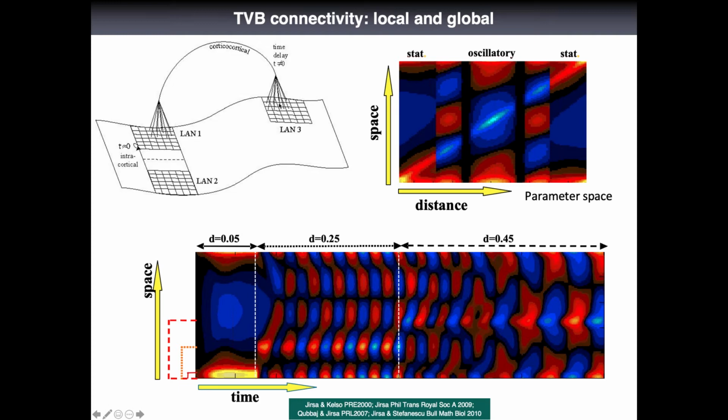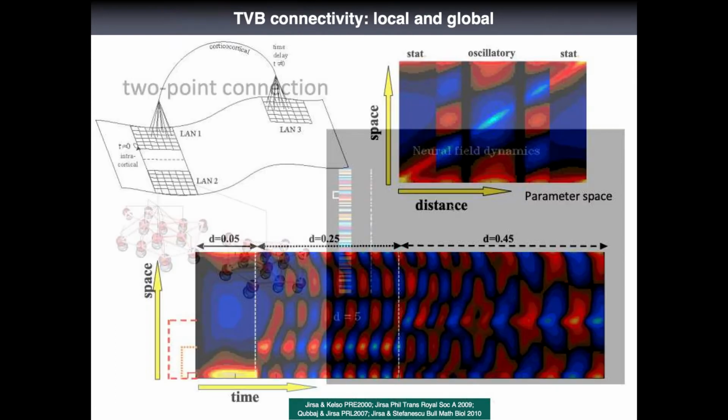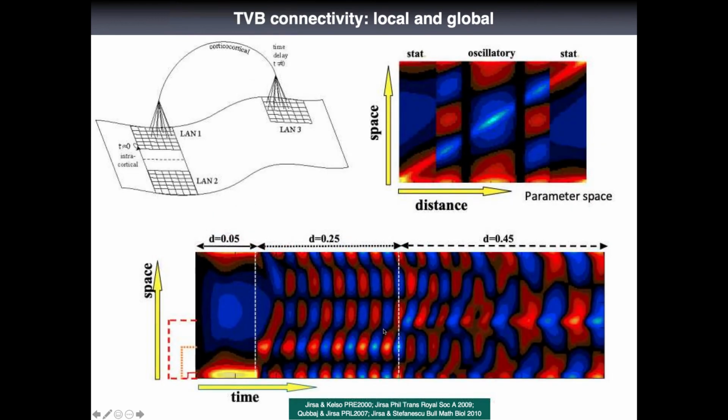And you will see how changing the distance of this connectivity, and therefore changing the time delay, actually changes the oscillatory patterns we get along this space. So we get different oscillations for a small distance, different ones for a larger distance, and even more different ones for an even larger distance.